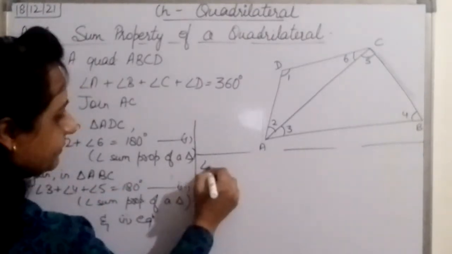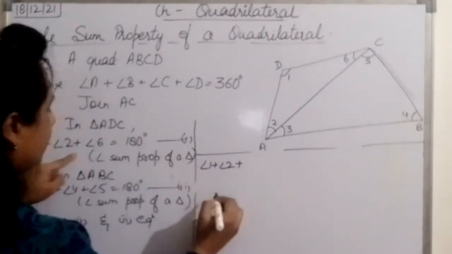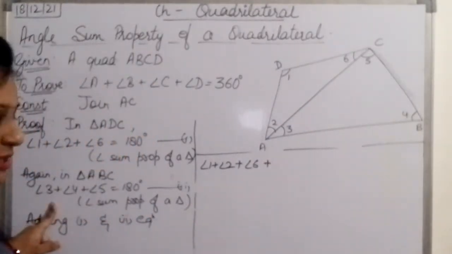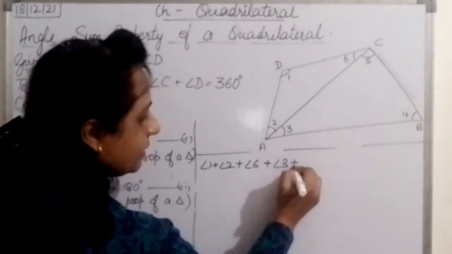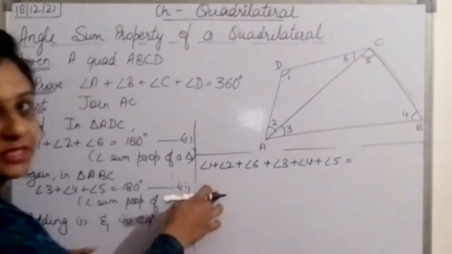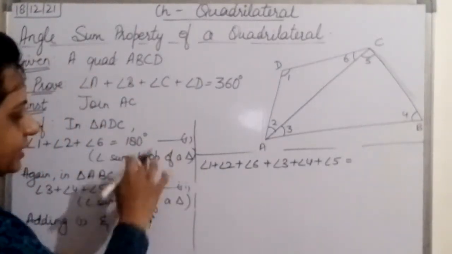So angle 1 plus angle 2 plus angle 6, and similarly from the second equation, angle 3 plus angle 4 plus angle 5. For the right-hand side, 180 plus 180.